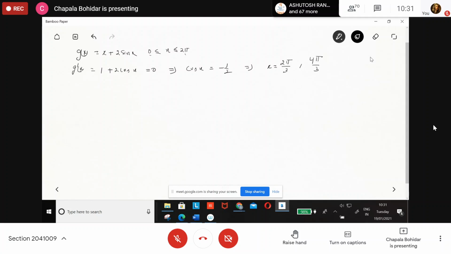Both of these are the critical numbers. Then you find out our intervals.